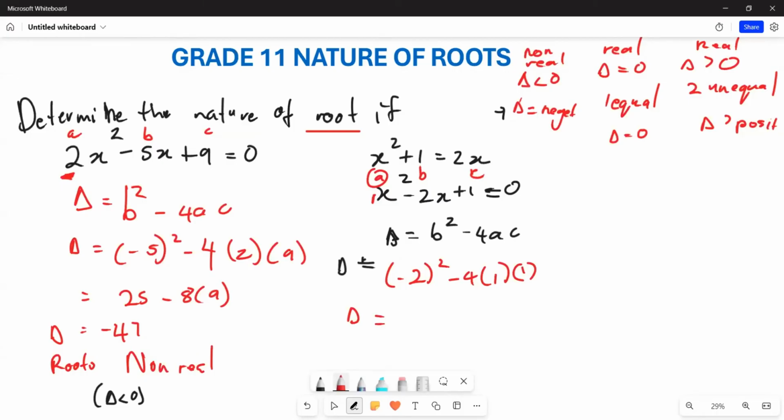Remember, your a is 1, your b is negative 2, and your c is 1. So this is negative 2 squared subtract 4 times a, where a is 1, and c is also 1. If you calculate this, it is 4 subtract 4, because 4 multiplied by 1 times 1 is 4, which means your discriminant here is equal to 0.